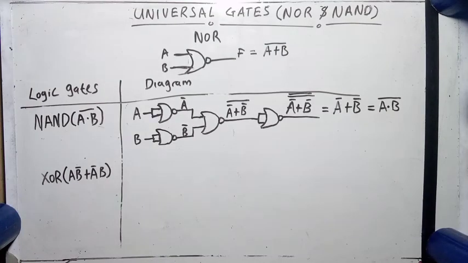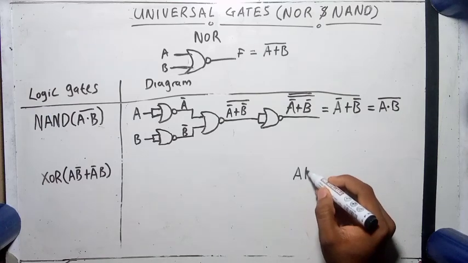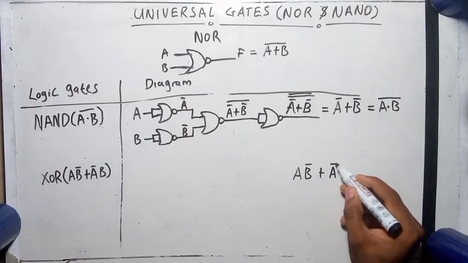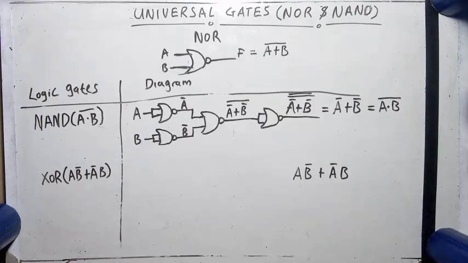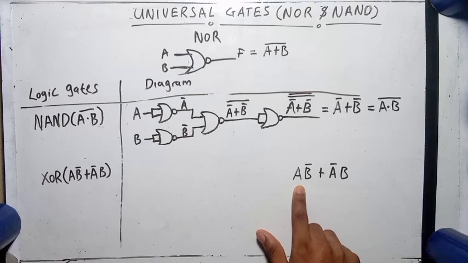Okay, so for our XOR, like we said, we write our expression down. A B bar plus A bar what? B. Now this is an SOP.